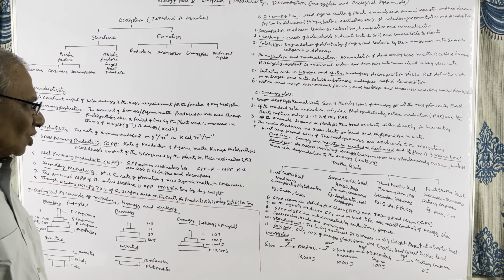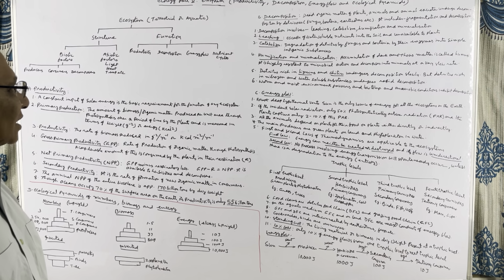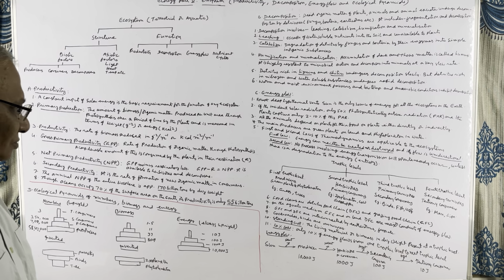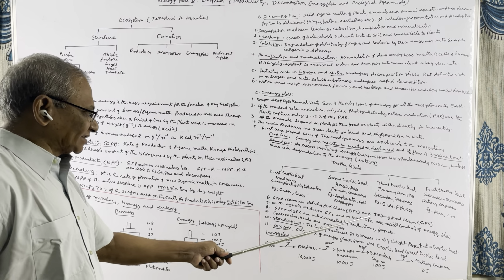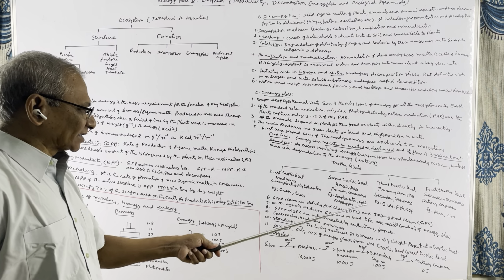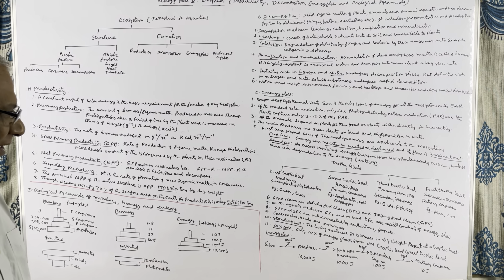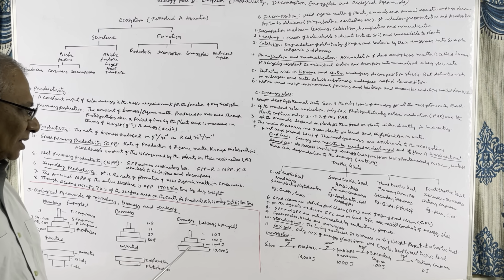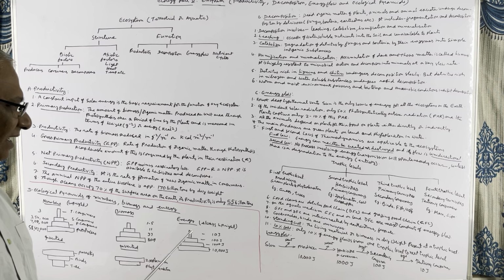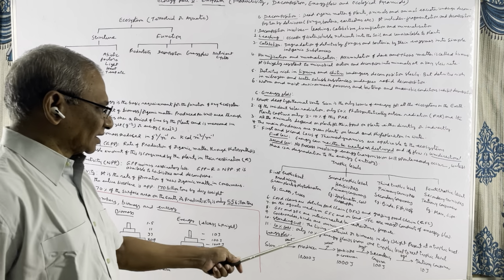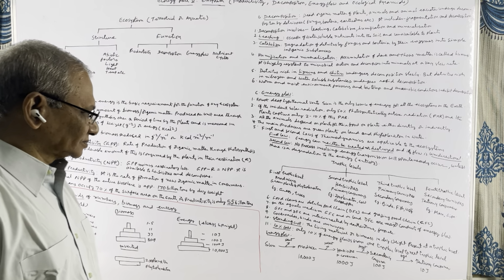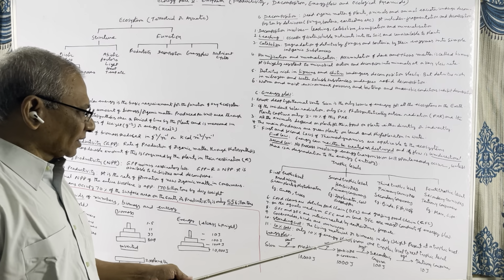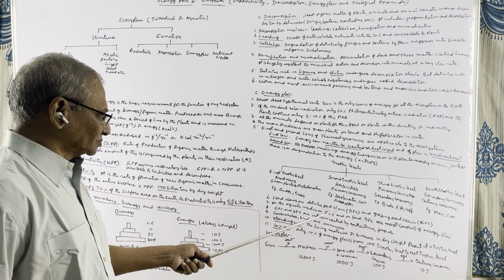Then, food chains are of two types: grazing food chain and detritus food chain. Grazing food chain is known as GFC. Detritus food chain is known as DFC. So, grazing food chain starts with the grass or with a plant.